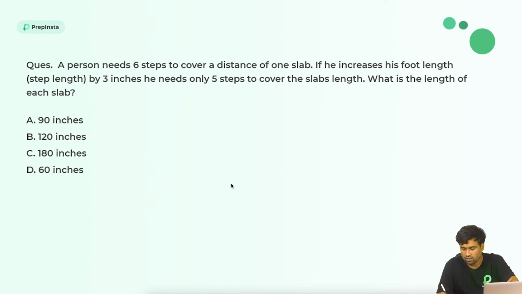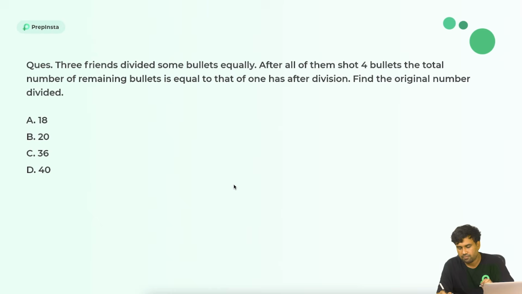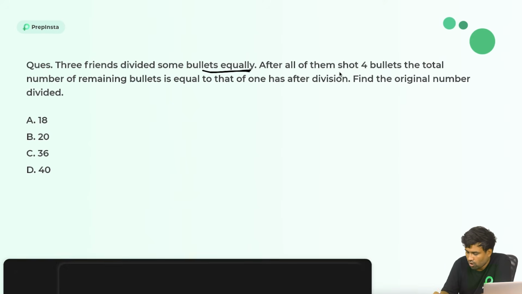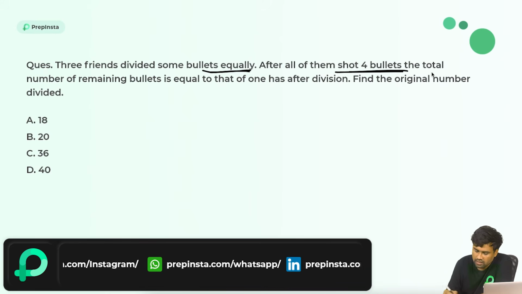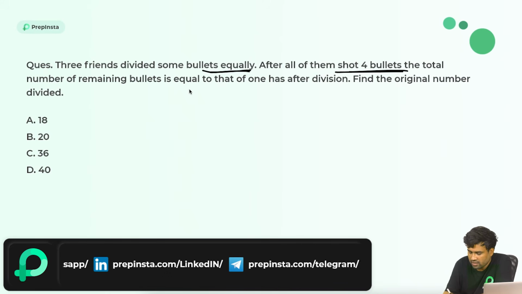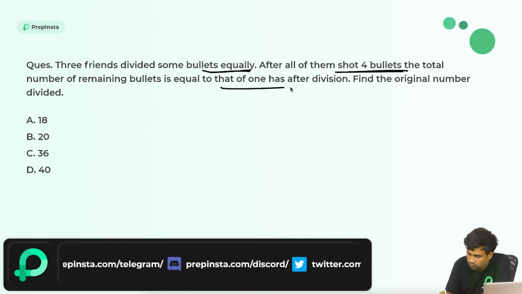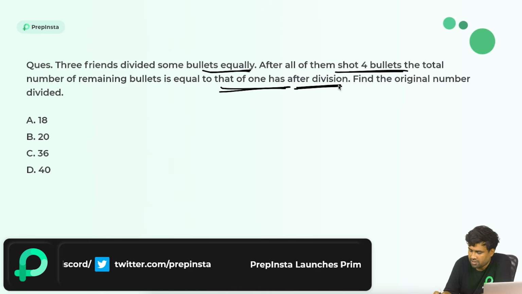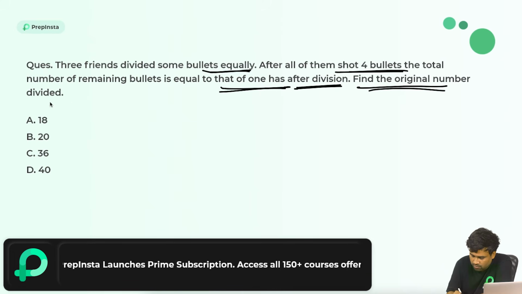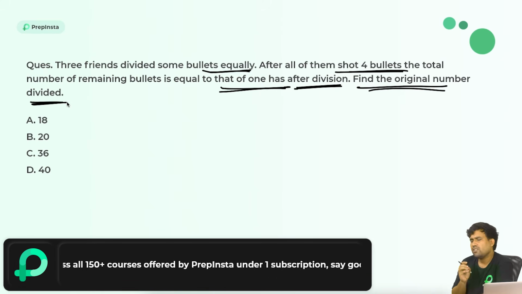So let's look into the next problem. 3 friends divided some bullets equally. After all of them shot 4 bullets, the total number of remaining bullets is equal to that which one has after division. Find the original number divided. Okay, just look here guys.